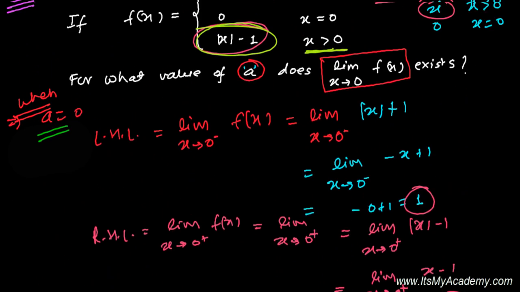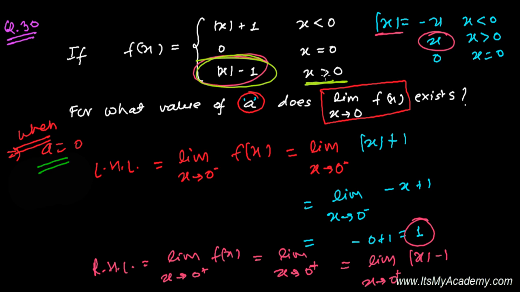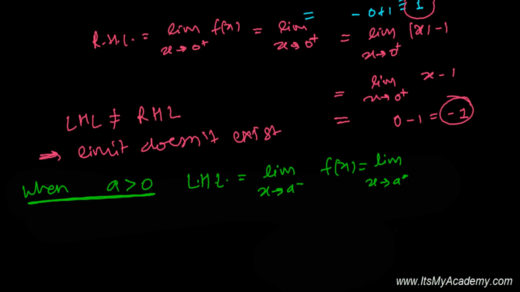So when x is greater than 0, we need to choose this function, that is the absolute value of x minus 1, and further limit x tends to a minus of the absolute value of x. When x is a positive number, here a is greater than 0, right? A is greater than 0, it means it's a positive number. So if a positive number is inside the modulus, inside the absolute value, then the same number comes outside.